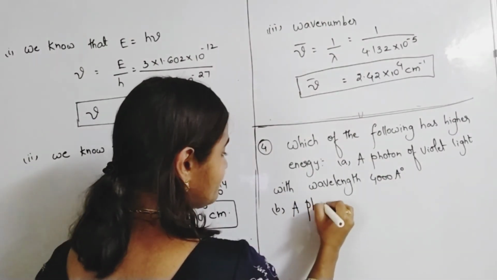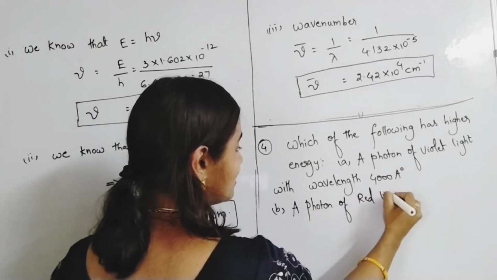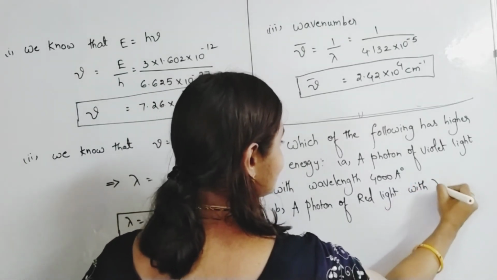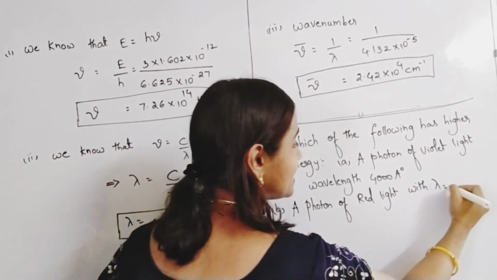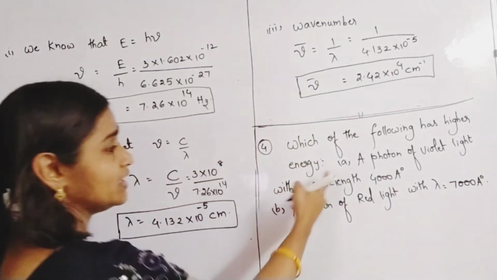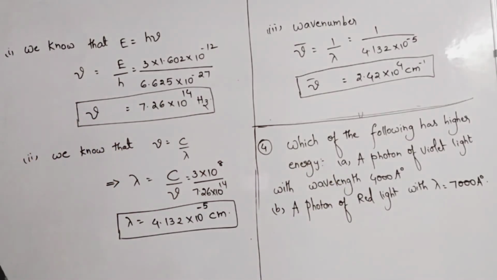A photon of red light with wavelength, I am writing lambda, 7000 angstroms. So either A is having more energy or B is having more energy.